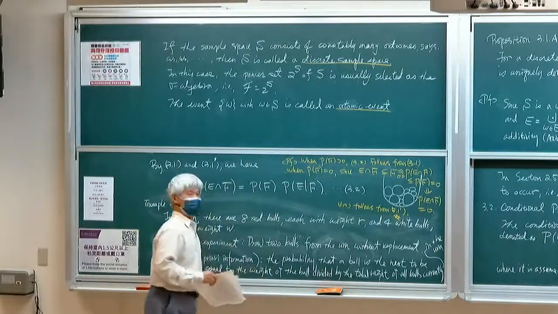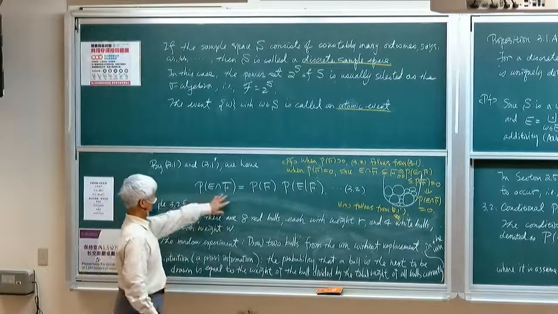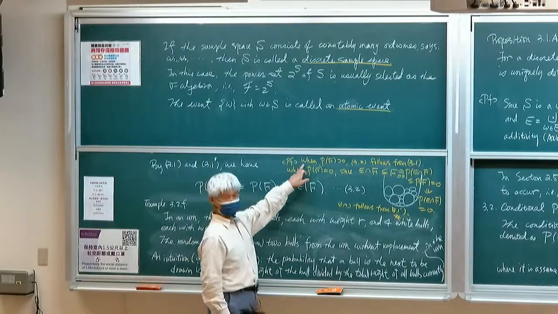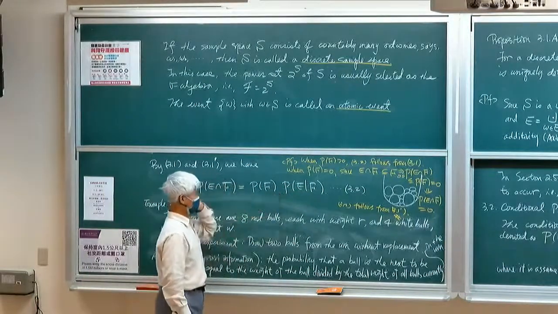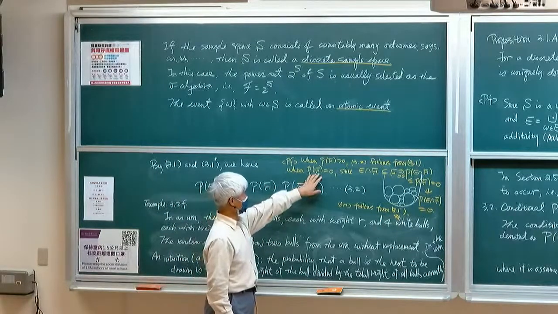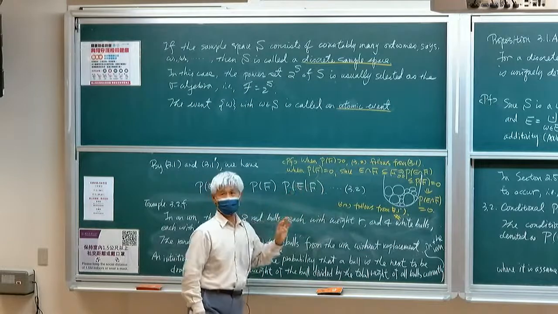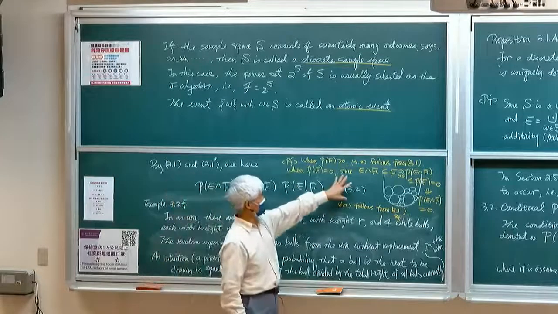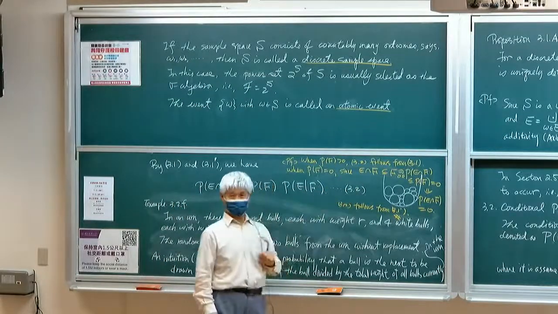Okay, I'm sorry. Actually, I have to give a proof for this formula, especially when the probability of event F is equal to 0. So I give the proof here.